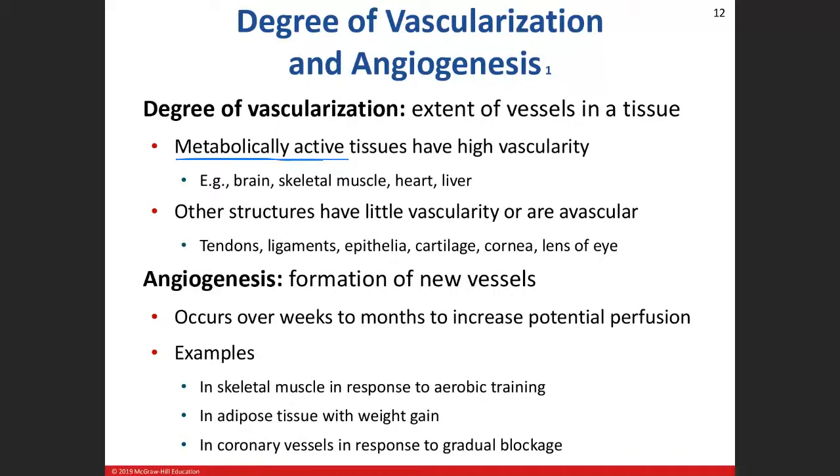And it just tells me that this person is engaging in enough activity that they've increased their vascularity. So when their tissues have a certain demand, they need nutrients to satisfy the metabolic processes, and they're going to grow new blood vessels. We refer to that as angiogenesis. That's the formation of new blood vessels.